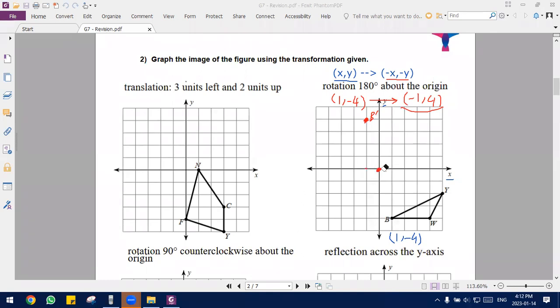Now we need to repeat the same steps for the other points. Now, let me go find W, for example. We need to write the coordinates of W. First of all, we start with x. 1, 2, 3, 4. So the value of x is 4.